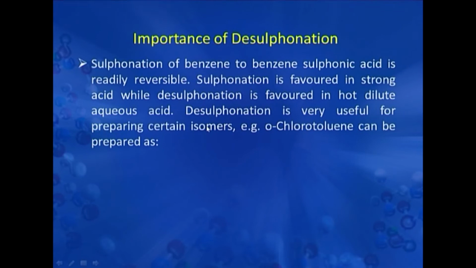Sulfonation of benzene is favored in strong sulfuric acid, while desulfonation is favored in hot dilute aqueous acid. So, when you treat benzene sulfonic acid with hot dilute acid, desulfonation occurs, and this desulfonation is a very useful preparation for certain isomers. Let us see an important example.